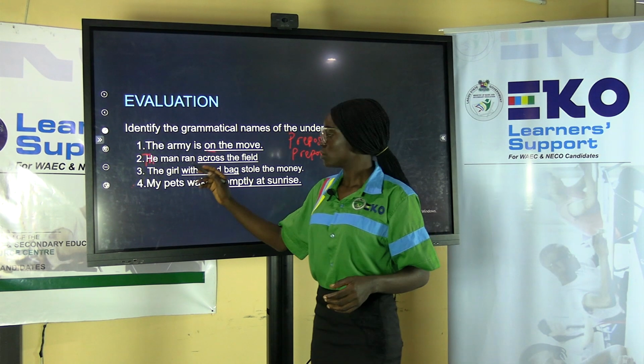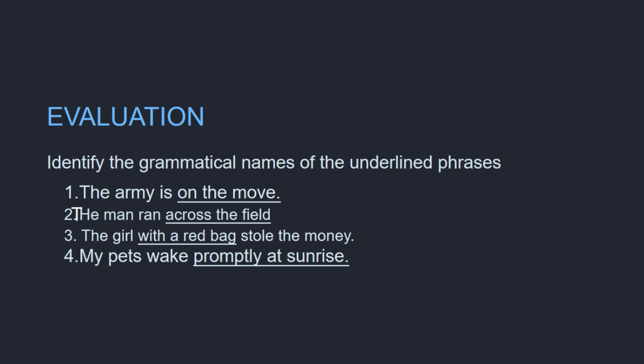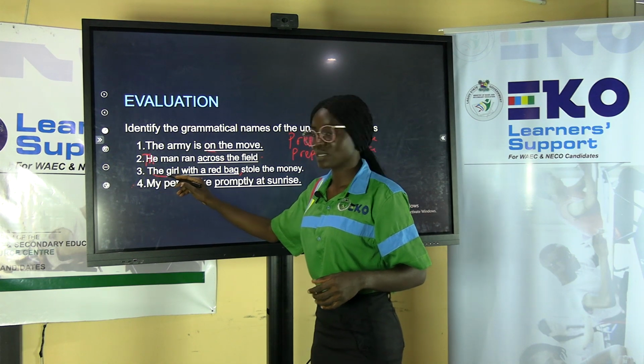The third question, the girl with a red bag stole the money. With a red bag, the grammatical name in that particular sentence is, what is with a red bag doing there? It is modifying, it is qualifying this girl, right?